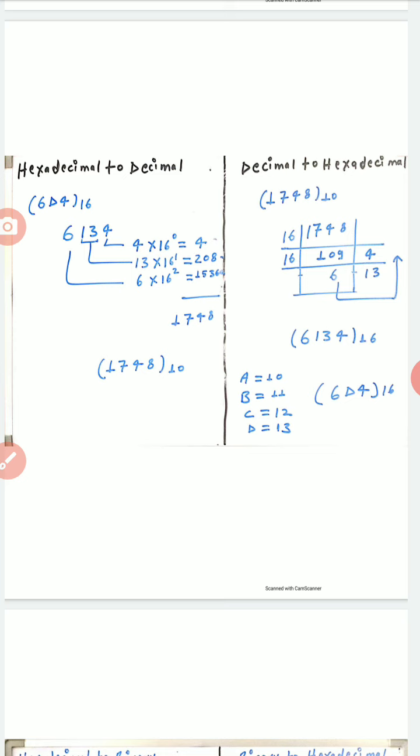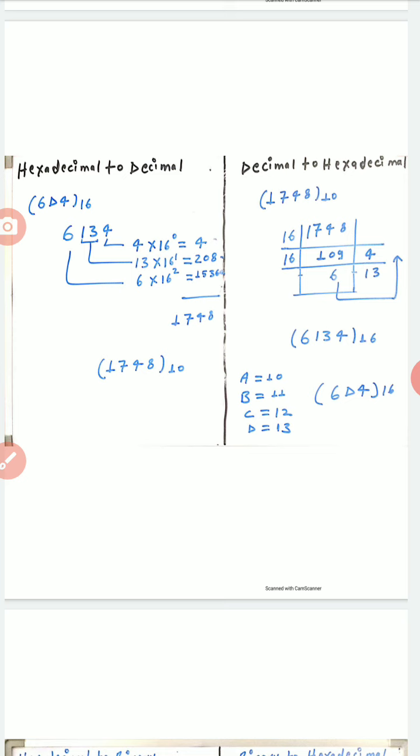As we mentioned earlier, A to F are the digits: A means 10, B means 11, C means 12, and D means 13, and so on up to F, which is 15. So D means 13. Sometimes they ask questions related to this also. 6D4, where D represents 13. So this is the hexadecimal number of the decimal number.